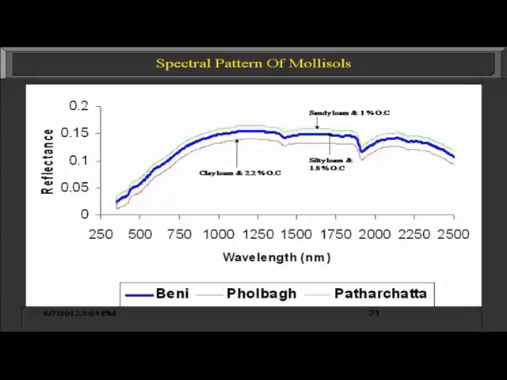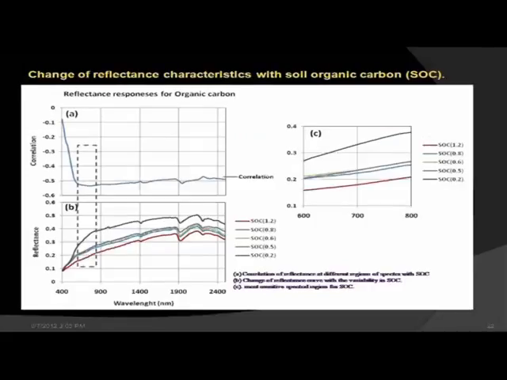Also the same with respect to texture. The red spectrum is clay loam texture. In case of blue, you have silty loam, which is a bit coarse texture, then sandy, which is a coarse texture soil, so high reflectance. For different soils the reflectance pattern is going to be different, and you get different absorption bands, based on which one can characterize what kind of soil it is.